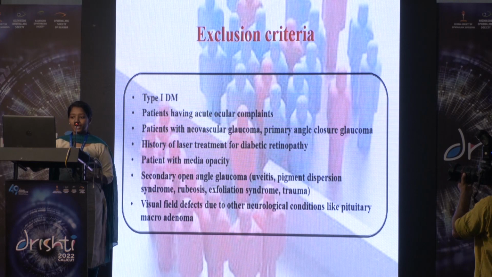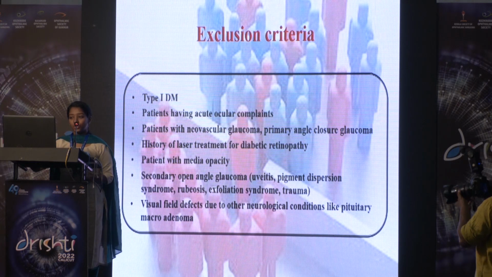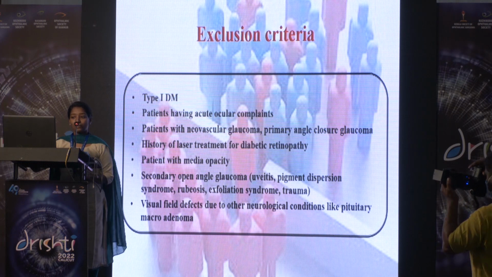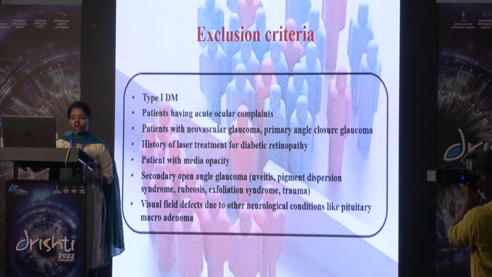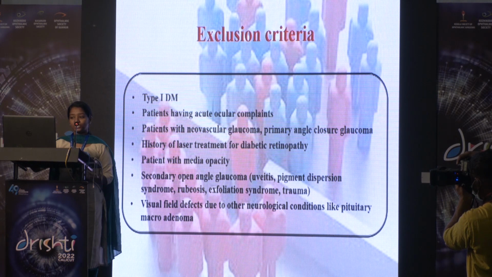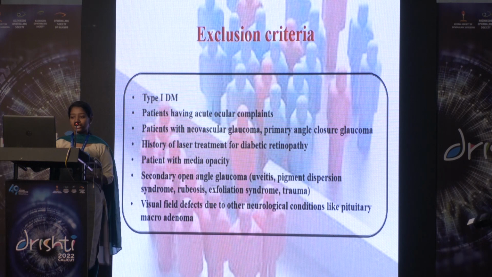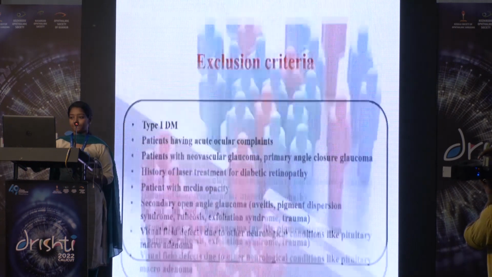Type 1 diabetes mellitus, patients having acute ocular complaints, neovascular glaucoma, primary angle closure glaucoma, history of laser treatment for diabetic retinopathy, media opacity, secondary open angle glaucoma including uveitis, pigment dispersion syndrome, rubeosis, exfoliation syndrome, trauma, and visual field defects due to other neurological conditions like pituitary macroadenoma were excluded from my study.